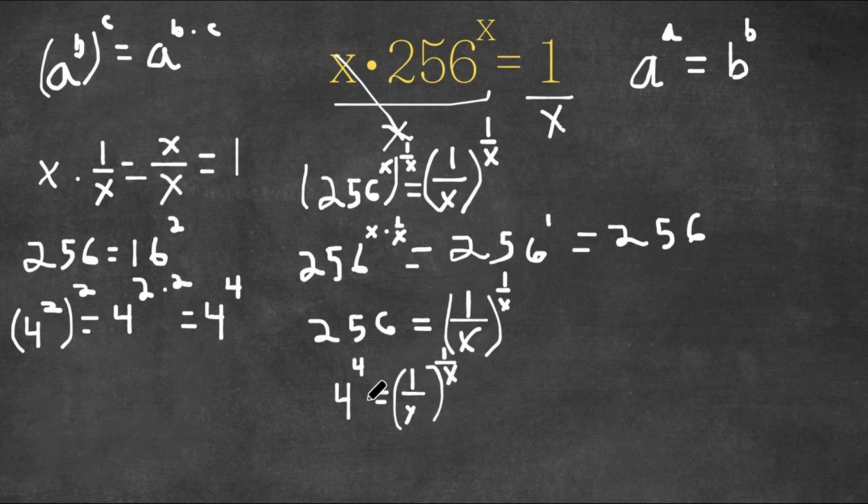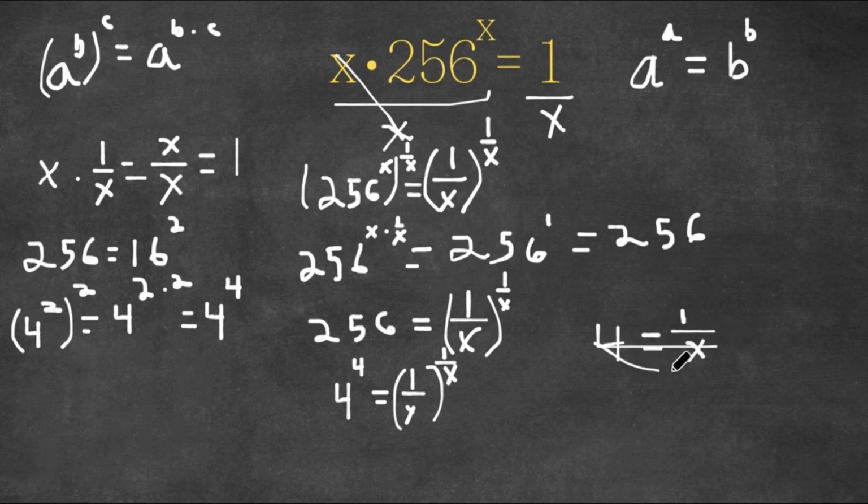Now all we have to do is set a equal to b. So 4 is equal to 1 over x, because if a to the power of a equals b to the power of b, then a is obviously equal to b.